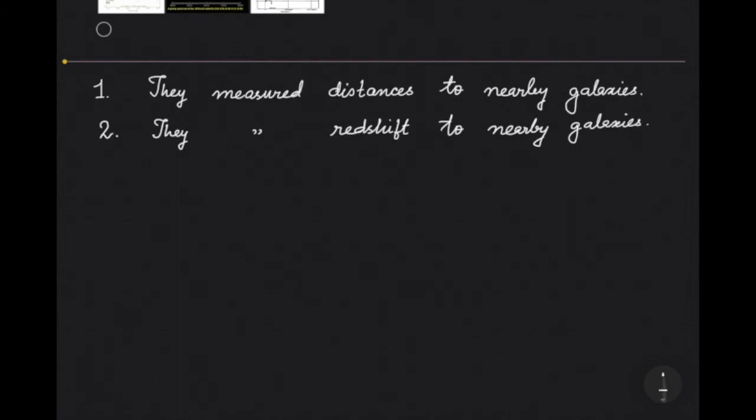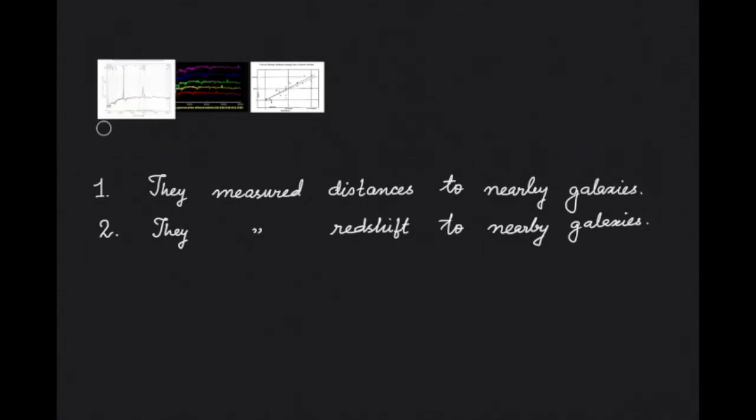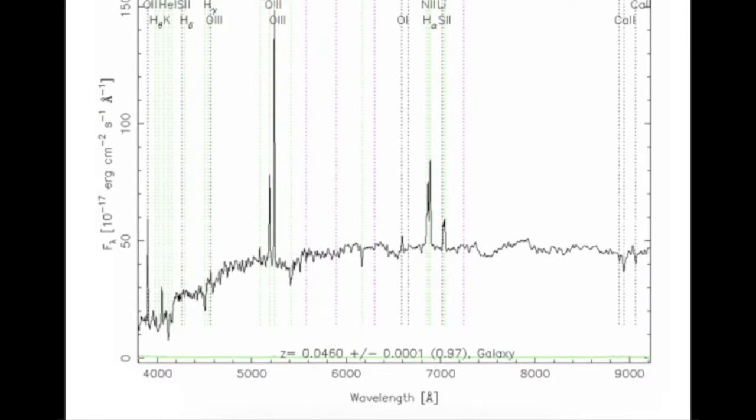Let me show you one of the modern day measurements of the redshift to the galaxies. The luminosity distance measurement we have already talked about, and how it is related to things we'll discuss today will be talked about in a later class.